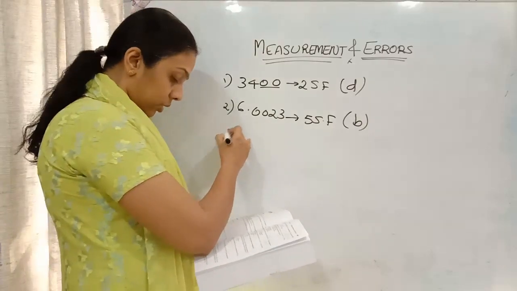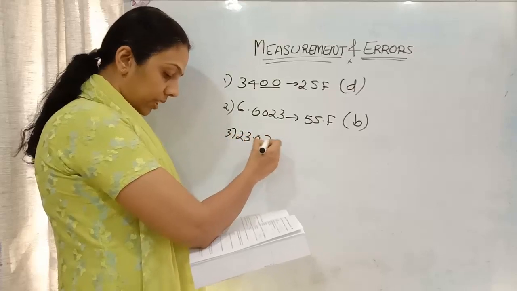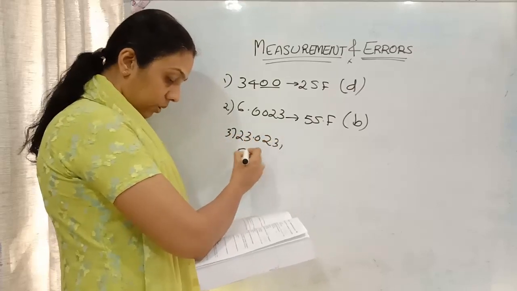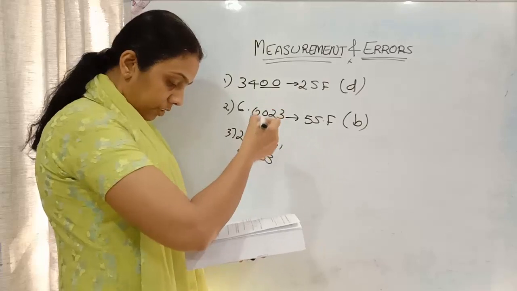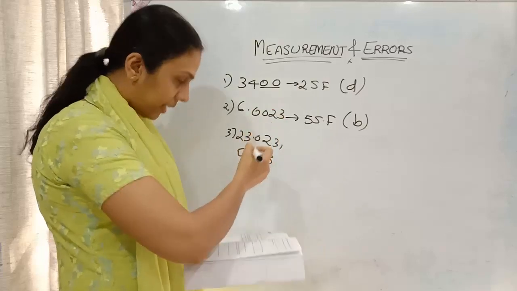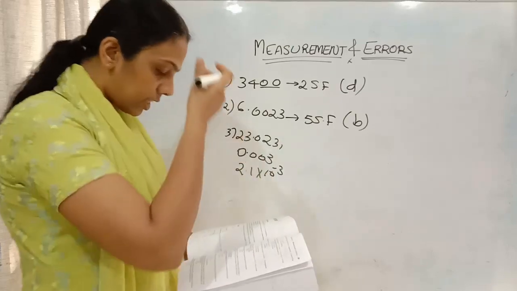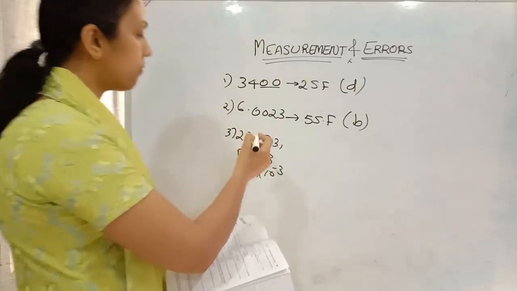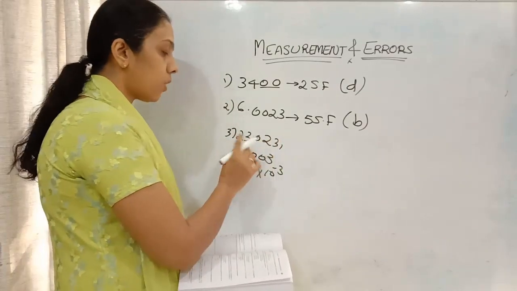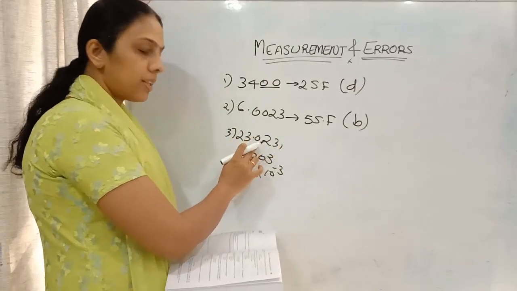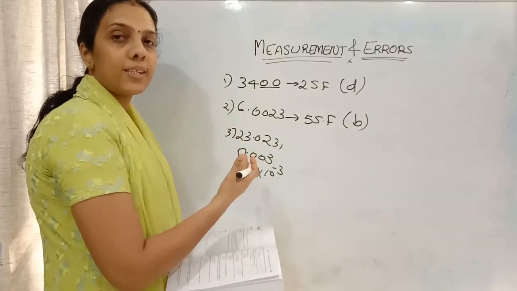Then next, the respective number of significant figures for the numbers 23.023, 0.0003, 2.1 into 10 to the power minus 3 are. We should find out the significant figures in all of these. Here in between 0 is coming, we will consider it as significant.